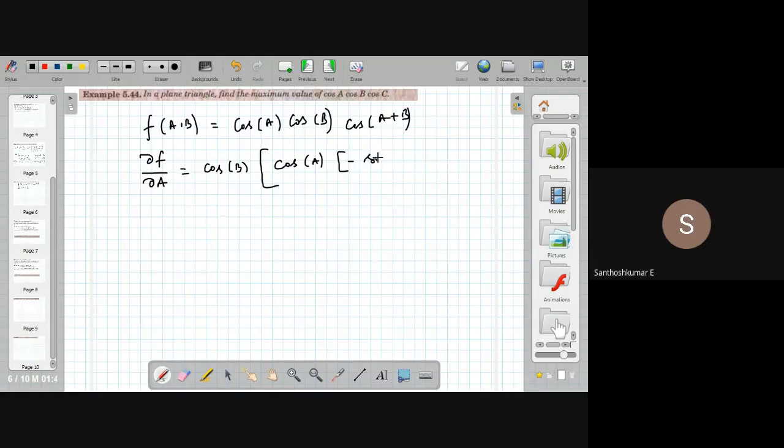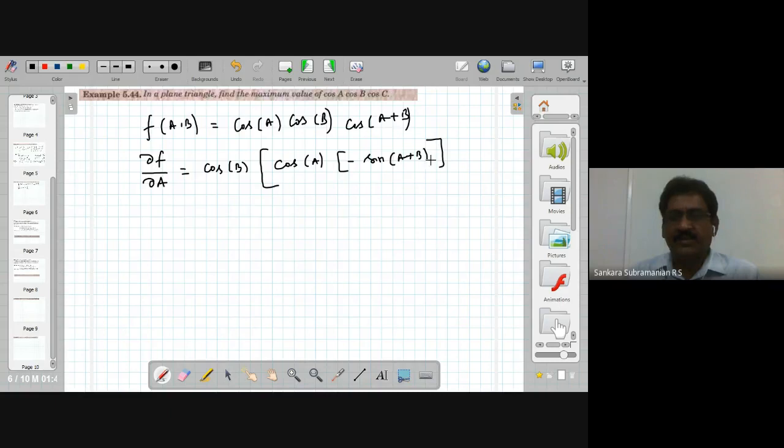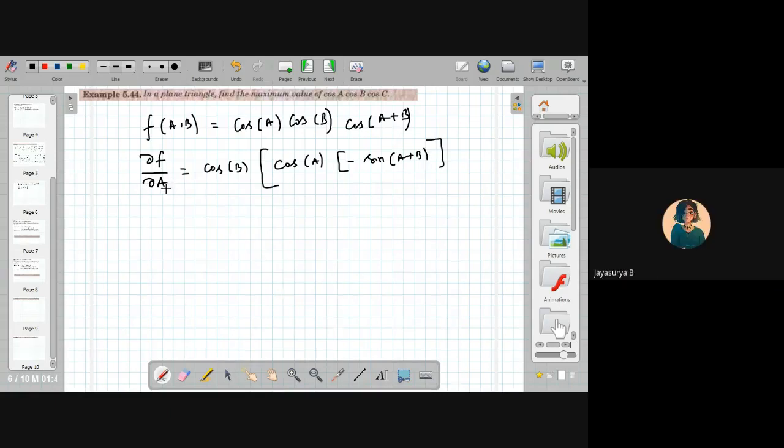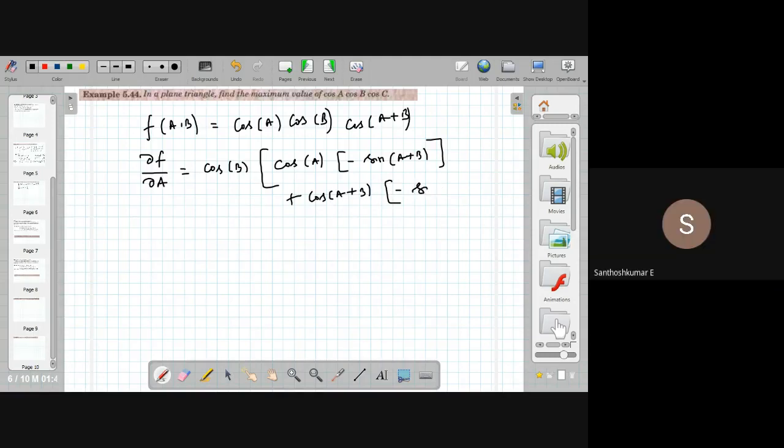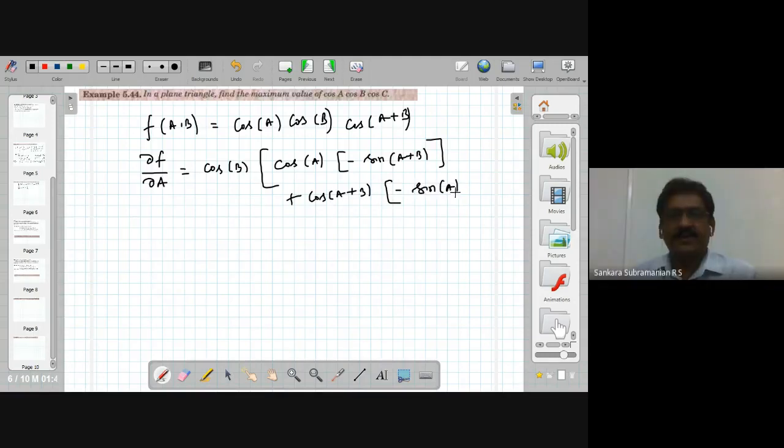Minus sin of A plus B into the differentiation of A plus B with respect to A, which is 1. This is 0. Plus, fixing cos of A plus B and differentiating cos A, you get minus sin A into the differentiation of A, which is 1.